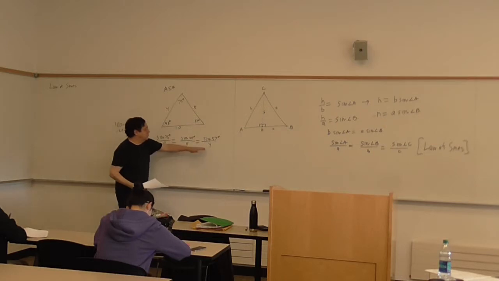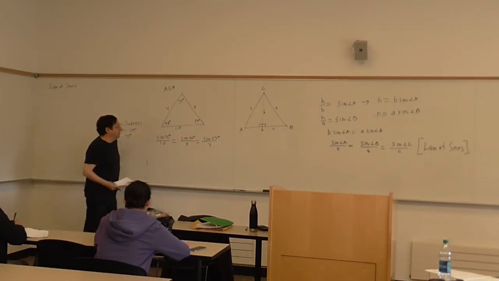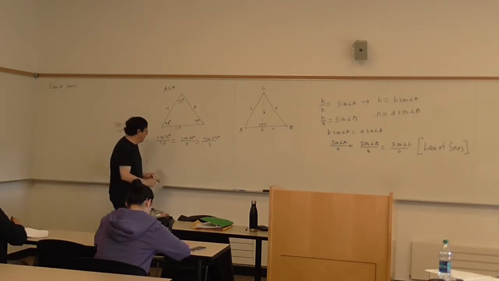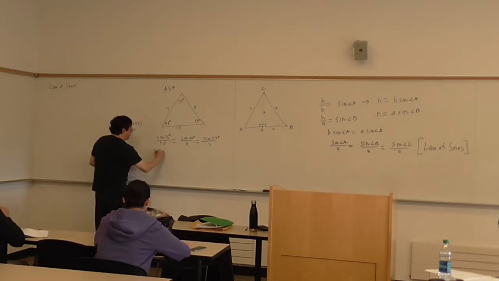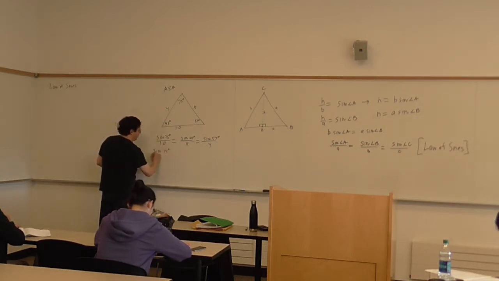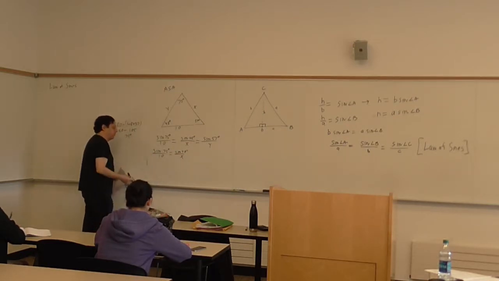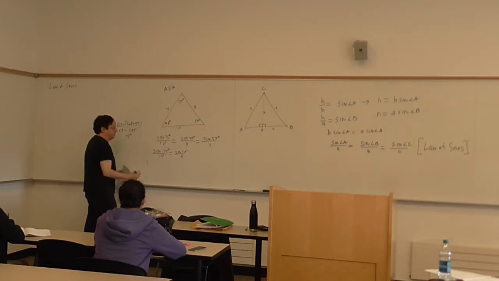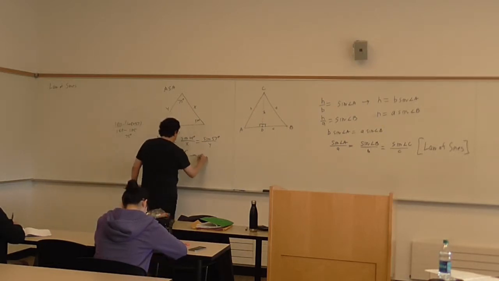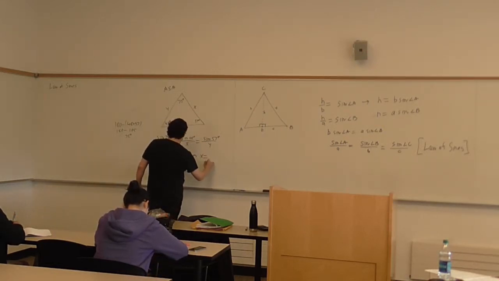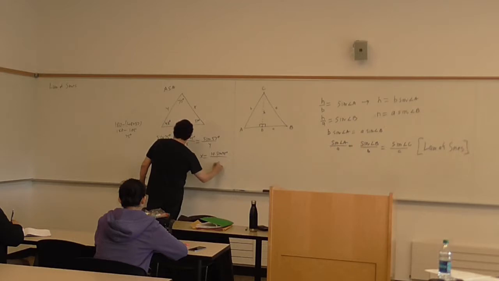Well, I have two potential equations here I can use. The first one, sine of 75 degrees over 10 equals sine of 48 over x. I can rearrange this. This is just x equals 10 times the sine of 48 degrees over sine of 75 degrees.